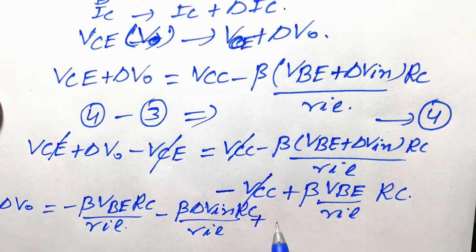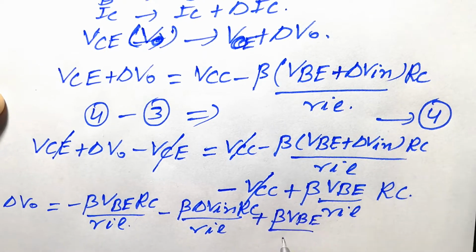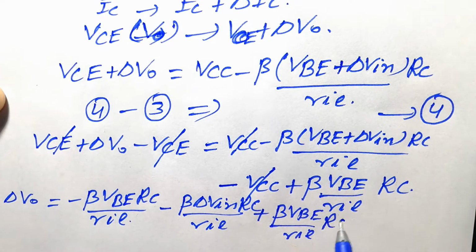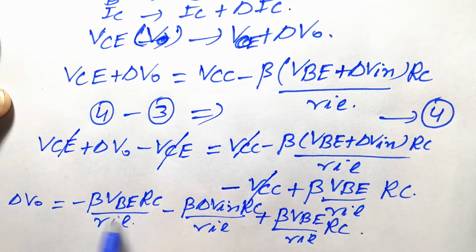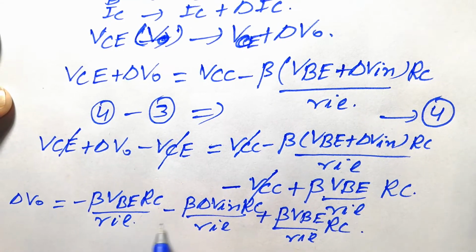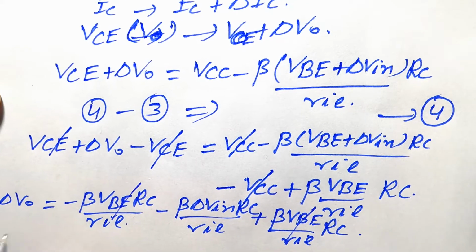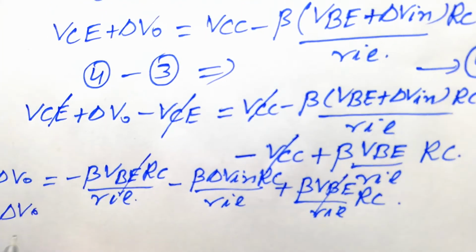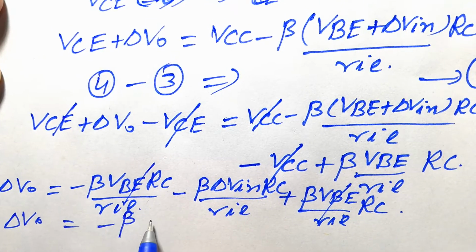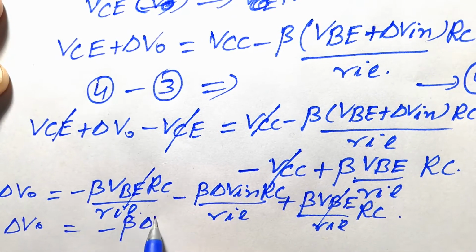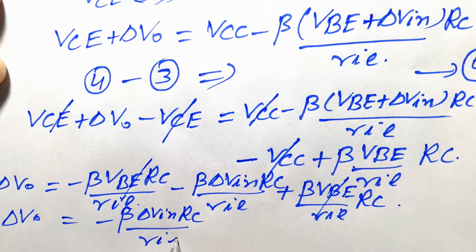The minus beta VBE RC over RIE and the positive plus beta VBE RC over RIE cancel out, and we are left with delta V naught equal to minus beta delta VIN RC divided by RIE.